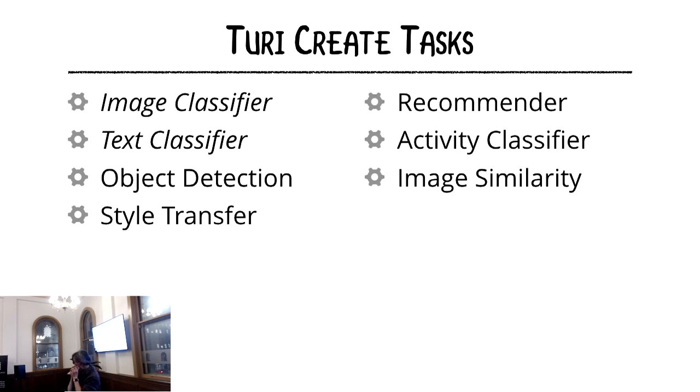Any more questions? Yep. It's just a clarification. The models that Turi Create produces, do they import directly into Core ML? Are they the same models that would come out of Create ML? Are they interchangeable?